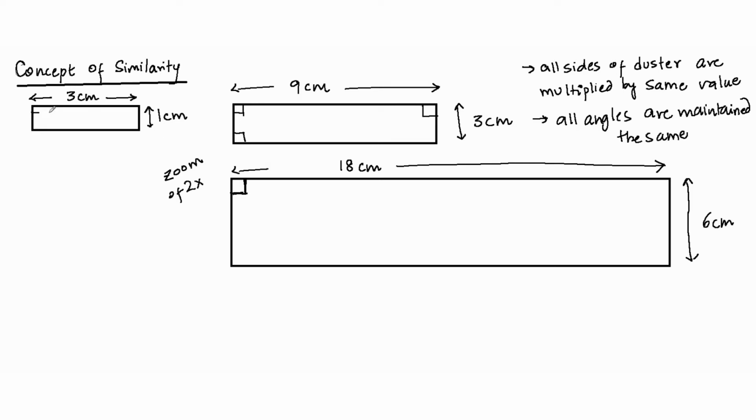So therefore, these two rectangles are also similar to each other. The original rectangle is shown in red. In one case, the rectangle is getting magnified, that's the yellow rectangle, and in the other case, the rectangle is getting diminished, that is the blue rectangle.